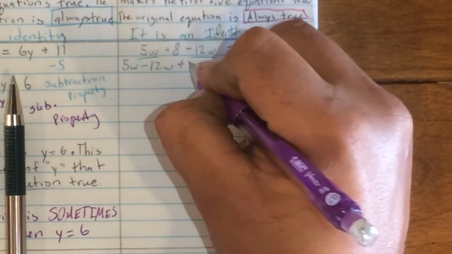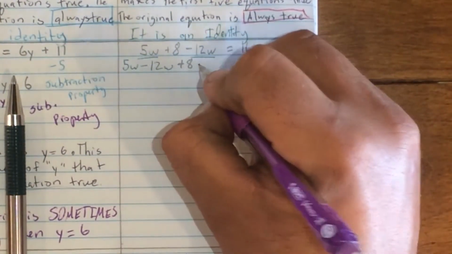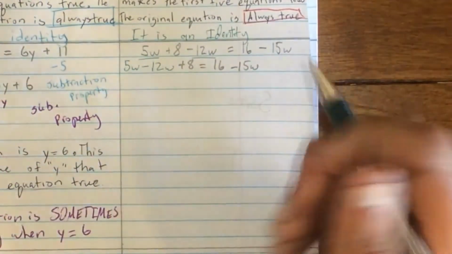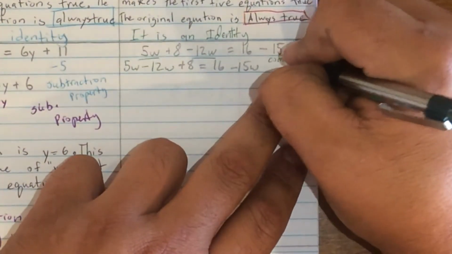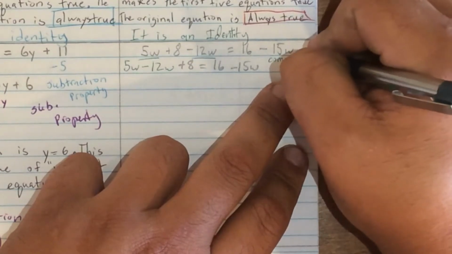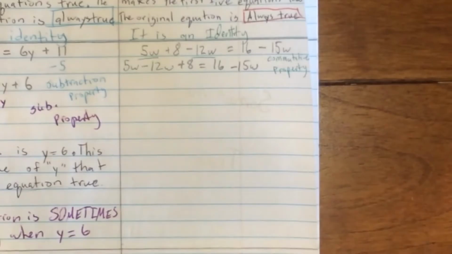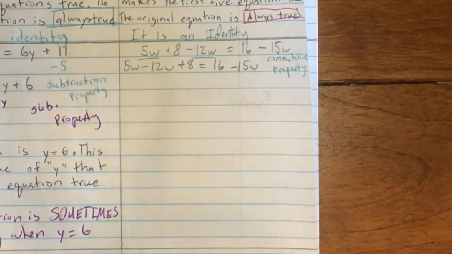Then we're going to add 8 here, equal to 16 minus 15w. And this was our commutative property. Okay, good.